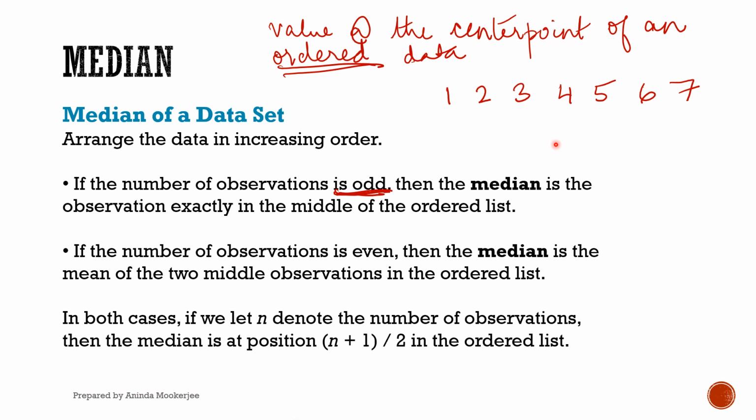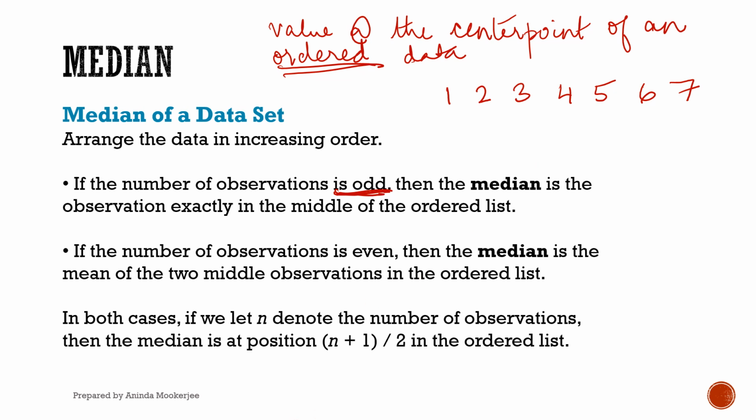And then you can locate your median. It would be a value which is right at the center of the data set. The median value in fact divides the data on either side into two equal parts. There are 3 values to its left and 3 values to its right.